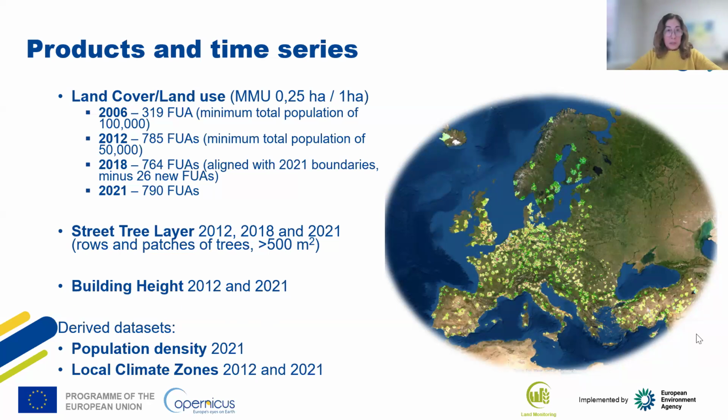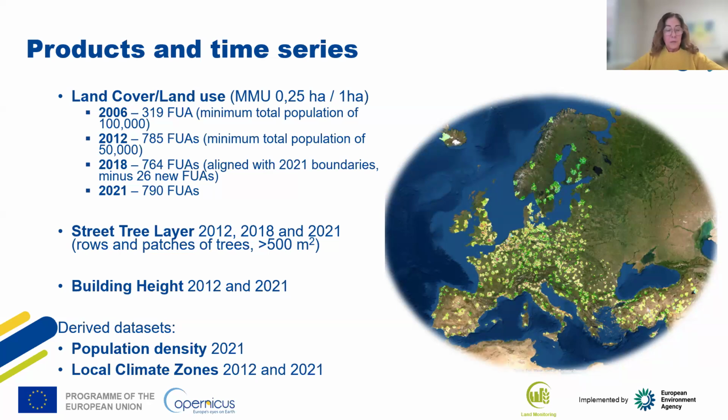So it captures the population and the labor market, and the functional urban area serves as a spatial reference for Urban Atlas and also for cohesion indicators and funding analysis as well. And afterwards, the 2012 production left DG Regio and moved to the European Environment Agency, this time under the wing of GMES, so the precursor of Copernicus.